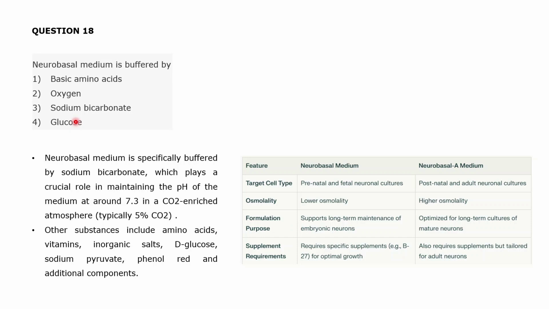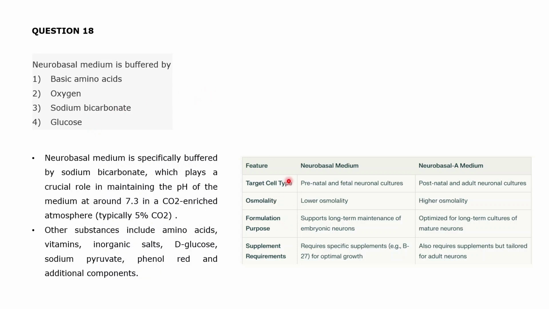Basically, all the components are present there. Amino acids are there. In some cases glucose is there, and sodium pyruvate is also provided. So neurobasal media is buffered by sodium bicarbonate.